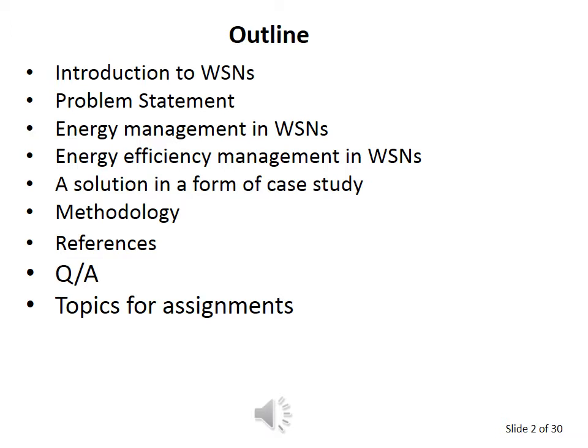And then we will discuss a very detailed solution in the form of a case study regarding this topic, and we will explain in detail the main methodology of finding a solution for power management, especially regarding our main topic, that is the clustering technique. We will discuss it at a further point, okay.